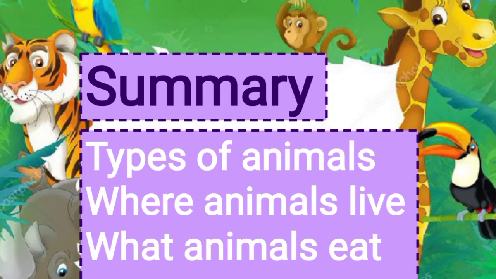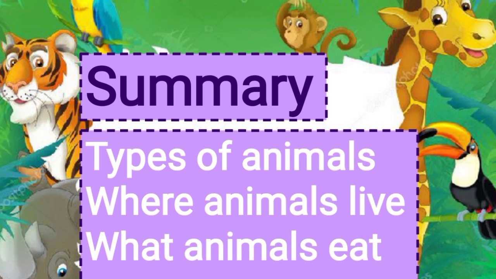So today we have learned that based on the presence or absence of backbone, animals can be divided into two groups, vertebrates and invertebrates. And animals with a backbone or vertebrates can be further divided into groups such as fish, birds, amphibians, reptiles, and mammals.